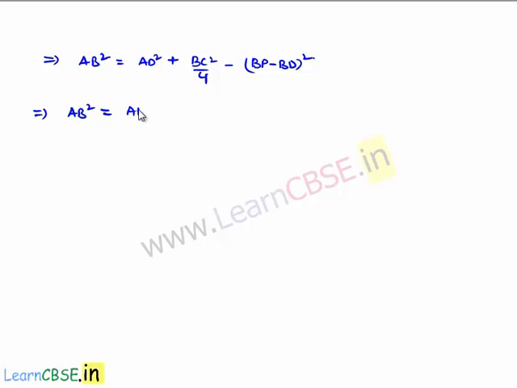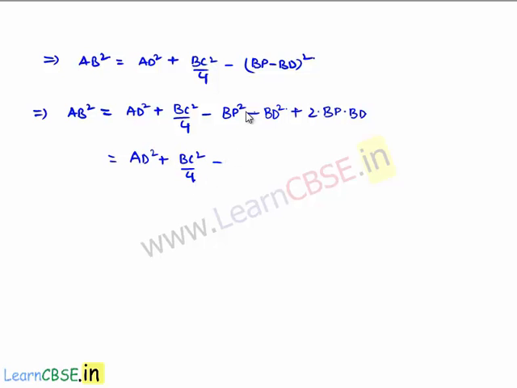AD square, let it remain as it is, plus BC square by 4 minus, let us expand in the form of A minus B whole square, that is A square plus B square, and here minus into plus is minus again, BD square plus minus into minus of 2AB, that is plus 2 into BP into BD, that is equal to AD square plus BC square by 4.